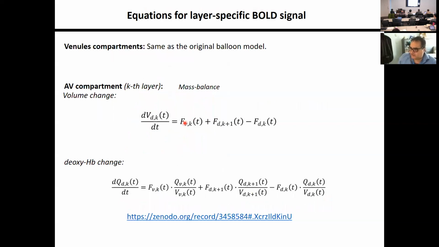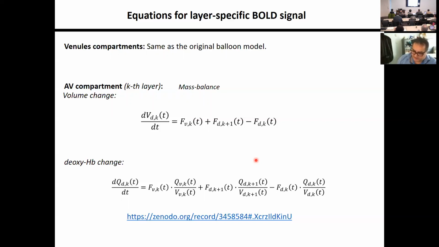In the paper you can find the normalized versions of these equations, and there you have baseline parameters. The main baseline parameters are the baseline blood volume distribution over layers and the transit times between the layers. So these are the main baseline parameters to insert.